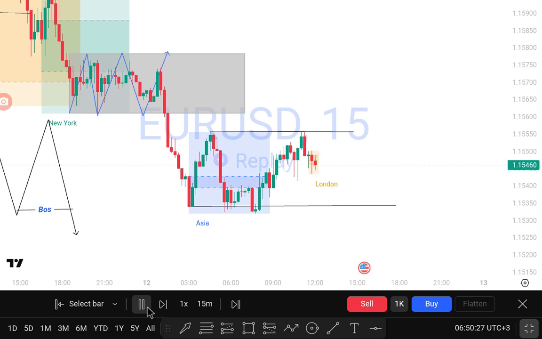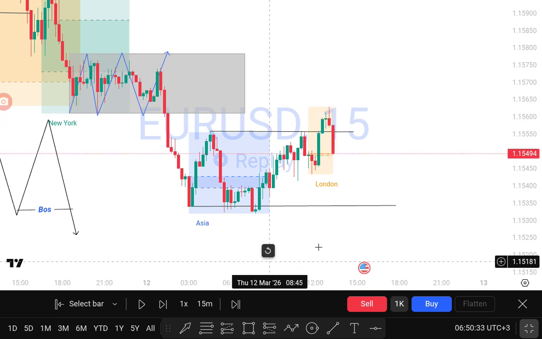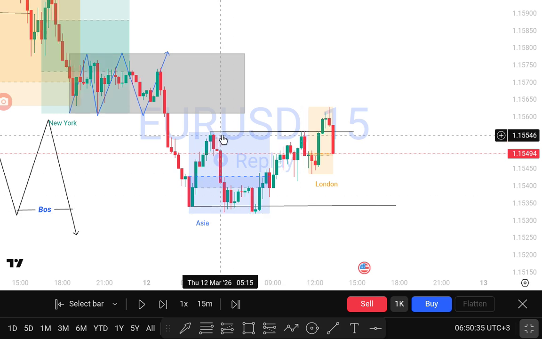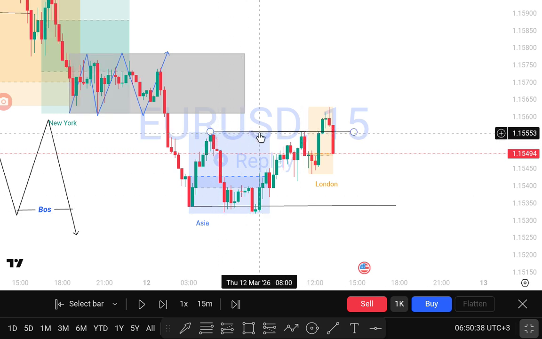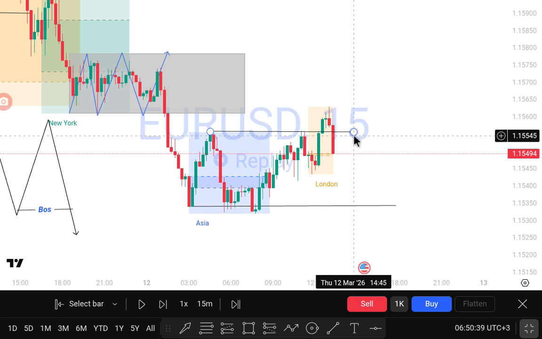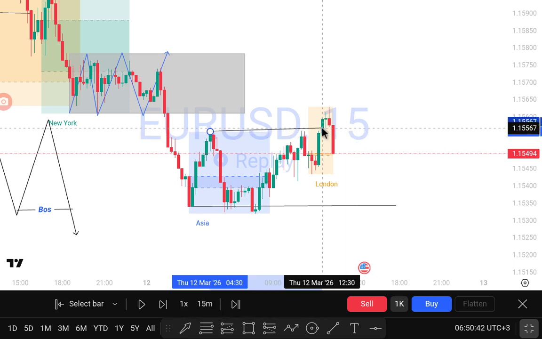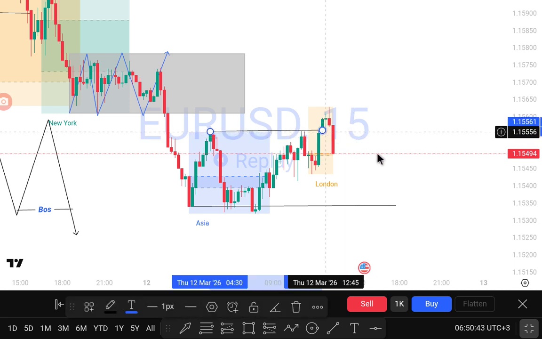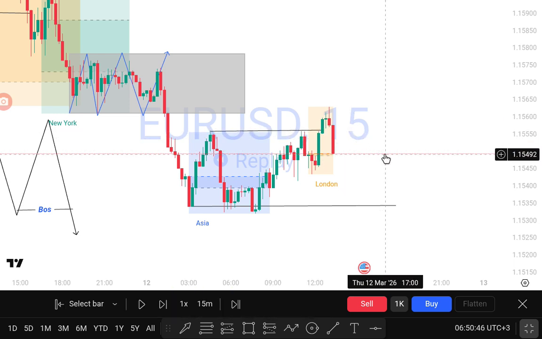Open London, sweeps a little. Now, as I had told you, in a downtrend the liquidity is always the previous highs, so this one gets swept out. Now liquidity has been collected. Liquidity is the fuel needed to push the market in the real direction. Let's see what happens.